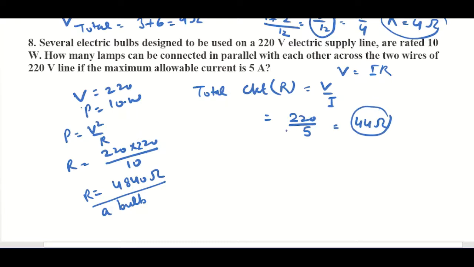So how many bulbs of 4840 ohm can be connected to get a 44 ohm resistance?